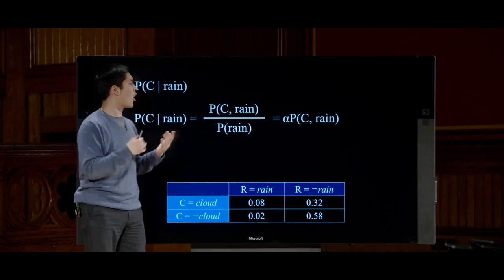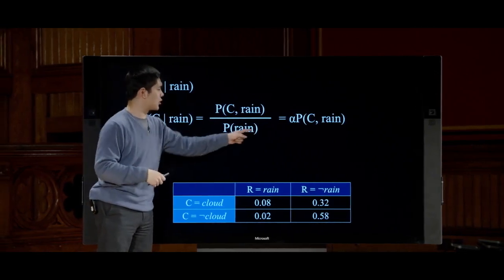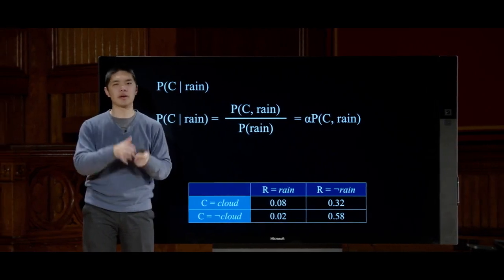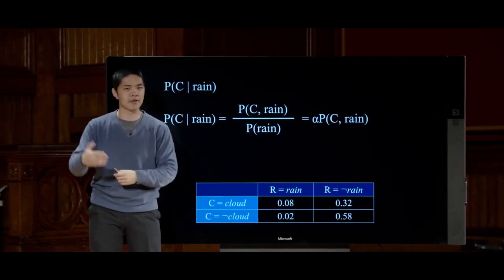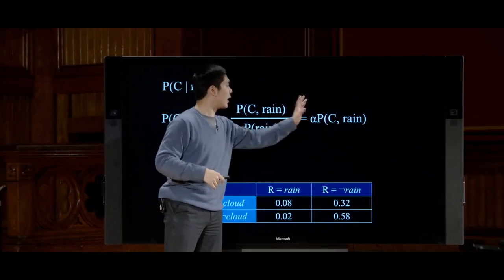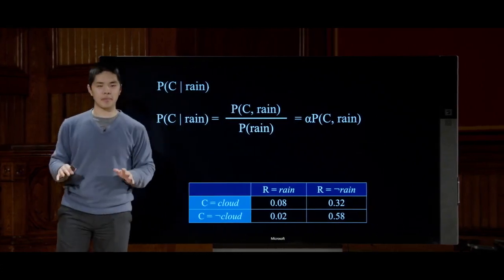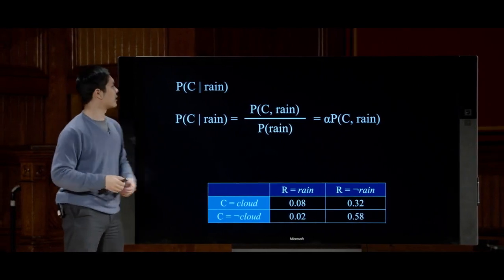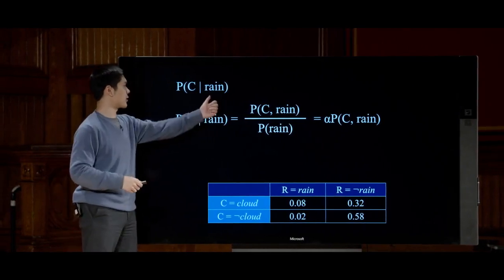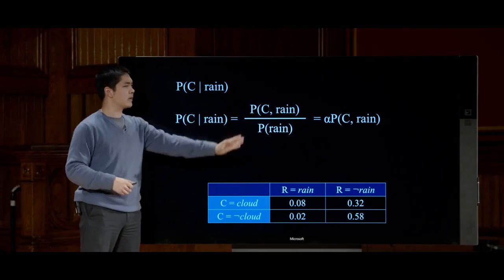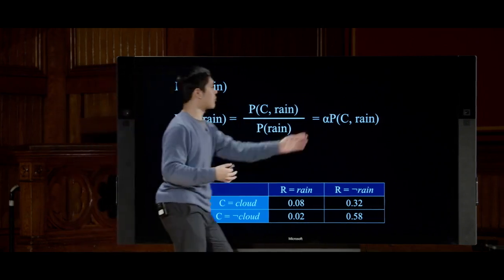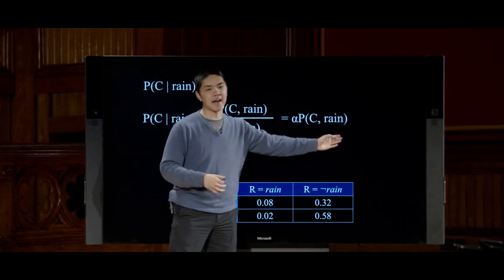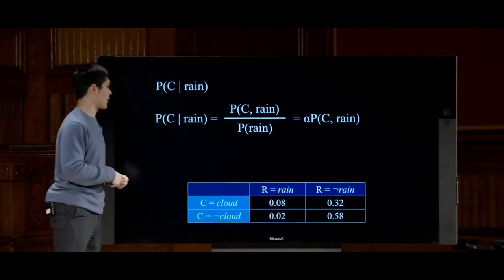All we've done is say that this value of 1 over the probability of rain is really just a constant that we divide by, or equivalently multiply by the inverse of, at the end. We'll just call it alpha for now and deal with it a little later. But the key idea, which is going to come up again, is that the conditional distribution of C given rain is proportional to, meaning just some factor multiplied by, the joint probability of C and rain being true.